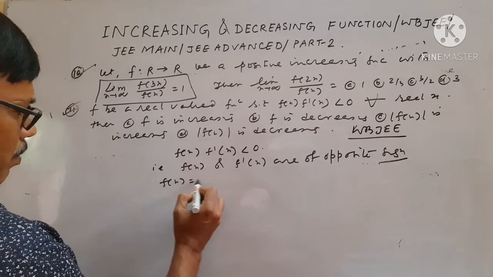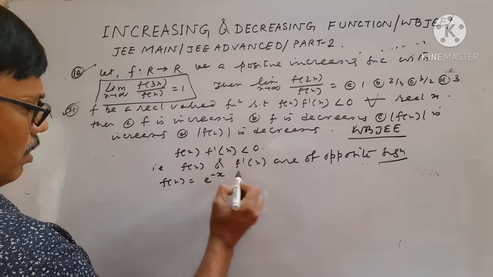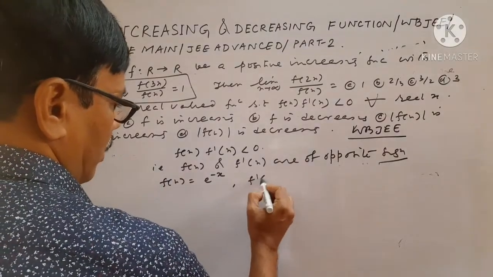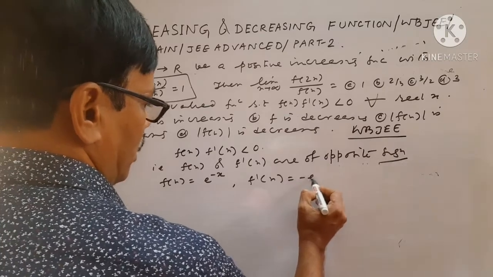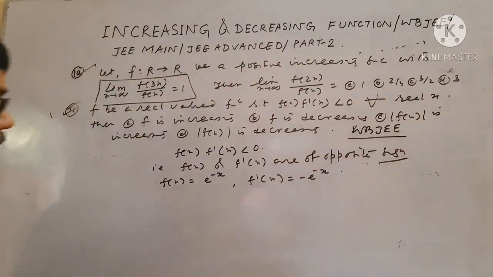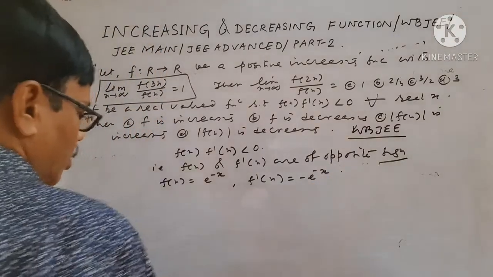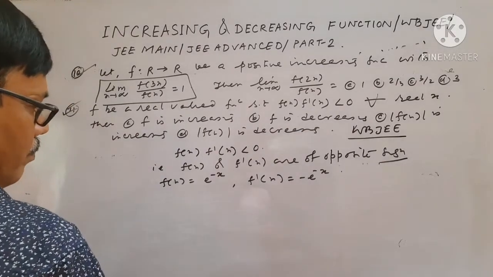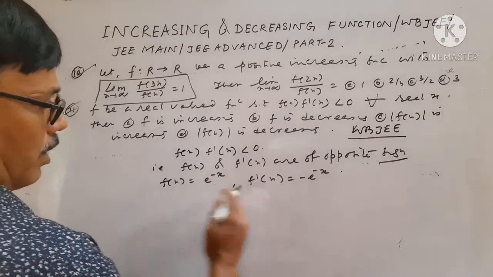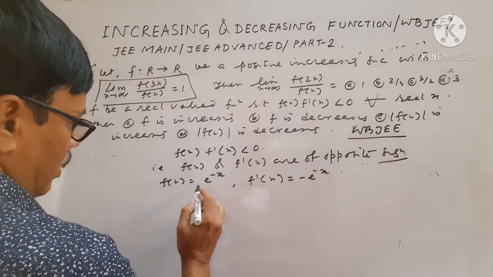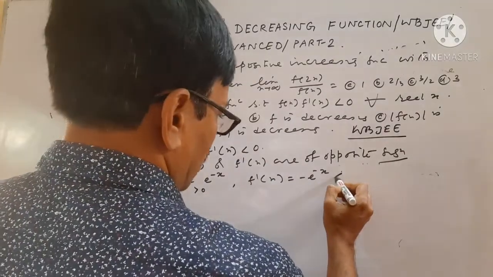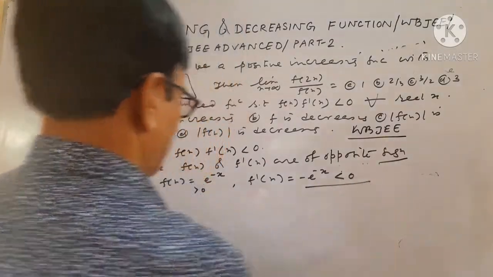So suppose fx equals to e to the power minus x. So what is f dash x? Minus e to the power minus x. So here e to the power minus x, it is always positive. This is greater than 0, and due to negative sign, this is less than 0.